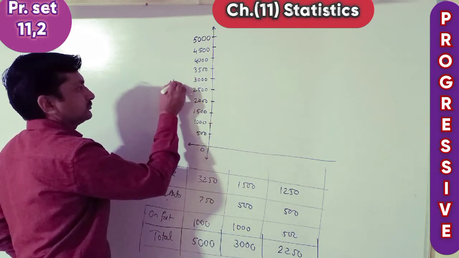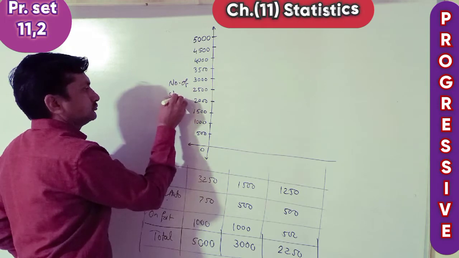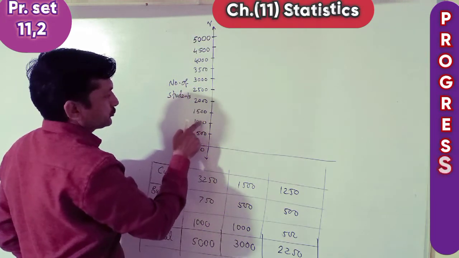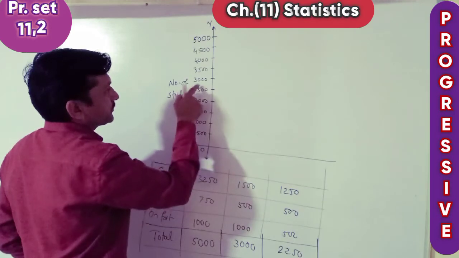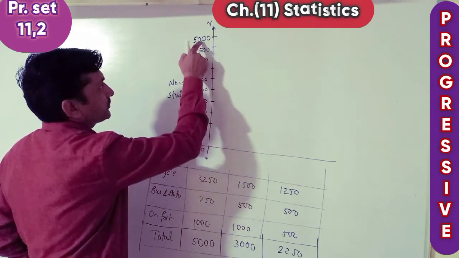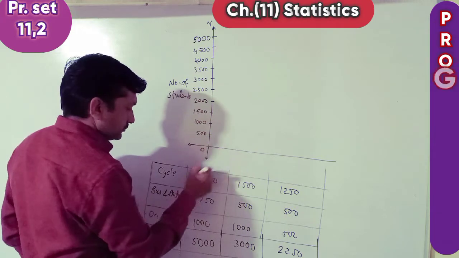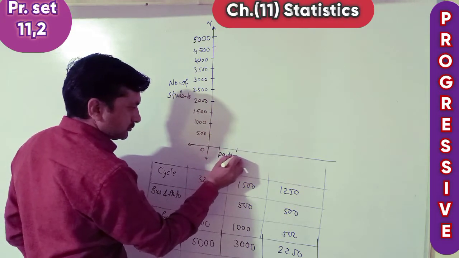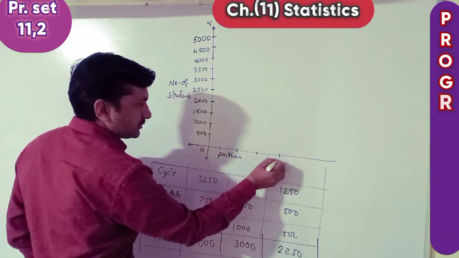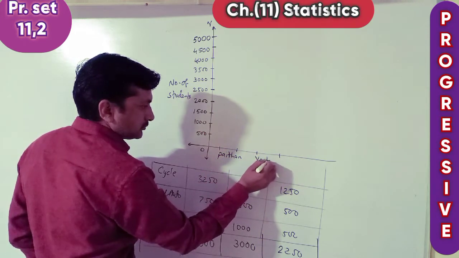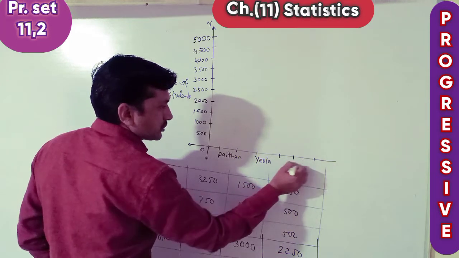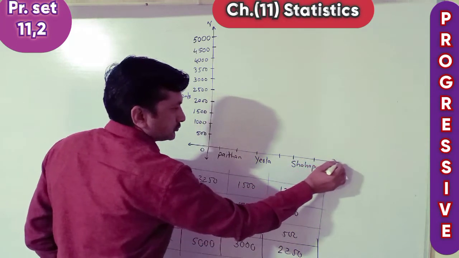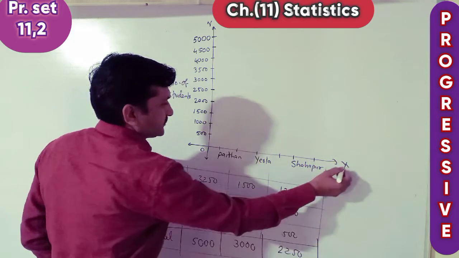Number of students, y-axis. Here 3 cities are shown: Paitan, second is there Evla, and third is there Shahpur. X-axis.